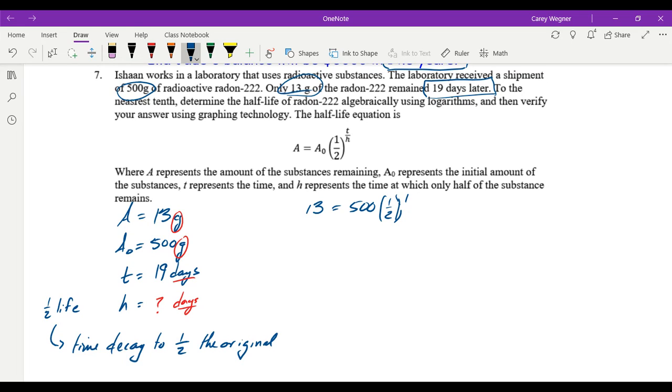This will be a 19 over h. So as we did in the previous question, we want to start by dividing the 500 out on both sides of the equation. So we have 13 500ths. This time that fraction would turn out to be a relatively nice decimal, so feel free to convert that to a decimal if you like.